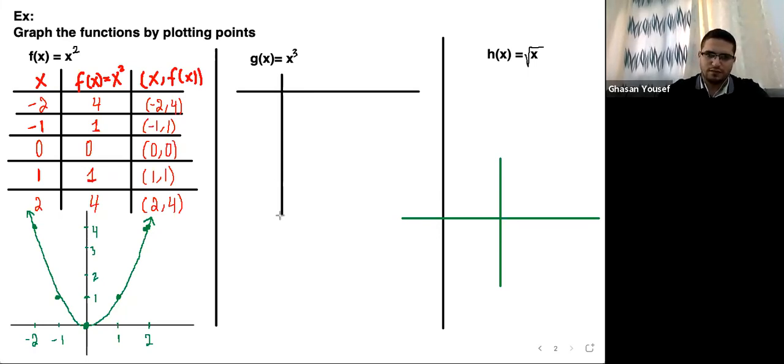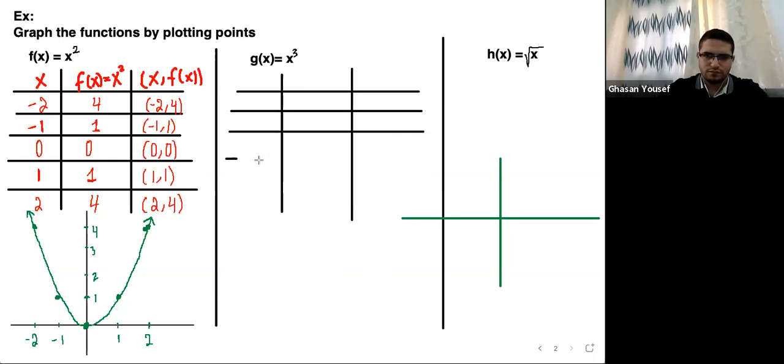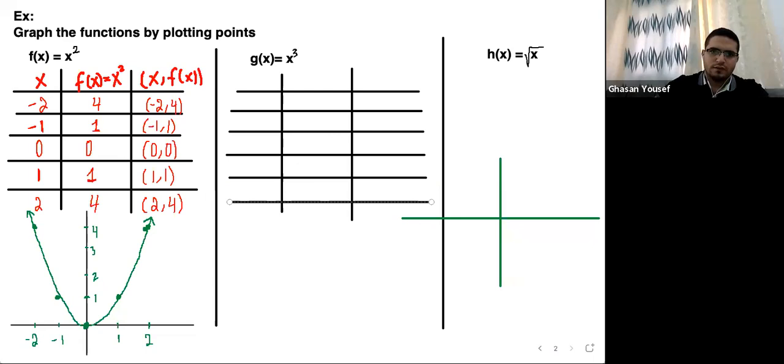This is my x value, this is my y, and this is my f of x equals x cubed, x to the power 3.